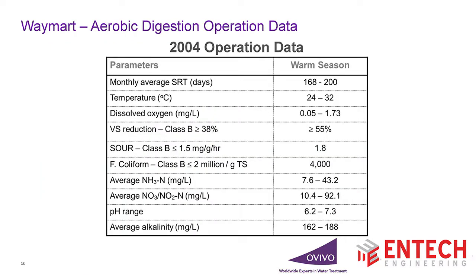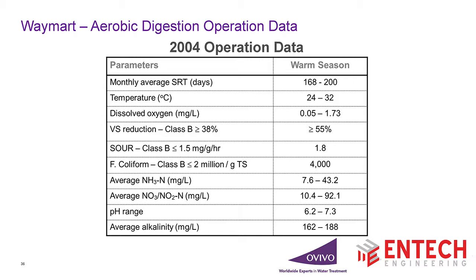Some of our operational data: the '04 was maybe a little early because I think we actually put the digesters online in something like January, February of '04. So that was partly why we had a long solids retention time. We were filling. Temperatures we held good. Dissolved oxygen, not a lot of dissolved oxygen. That first year we got about 55% volatile reduction.